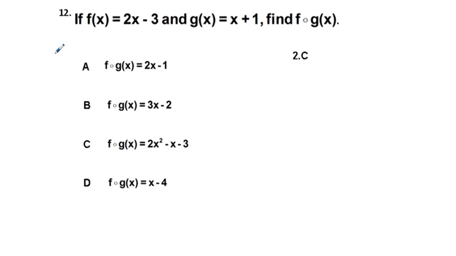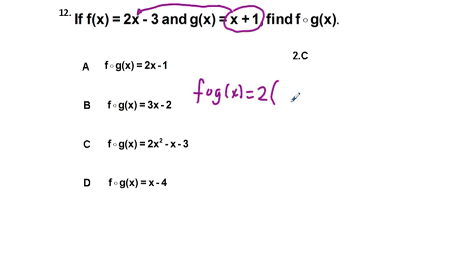Next, problem 12. If f of x equals 2x minus 3 and g of x equals x plus 2, find f of g of x. We see this composition function notation. So for f of g, we're taking the g function, which is next to the x, and plugging it in everywhere we see x in the f function. So f of g of x is equal to 2, and I leave this parentheses here for the x, minus 3.